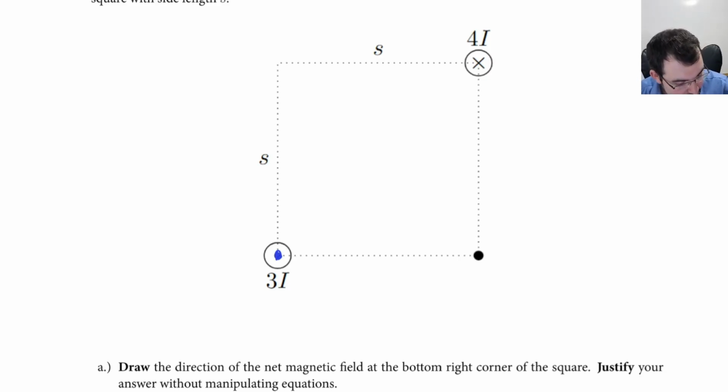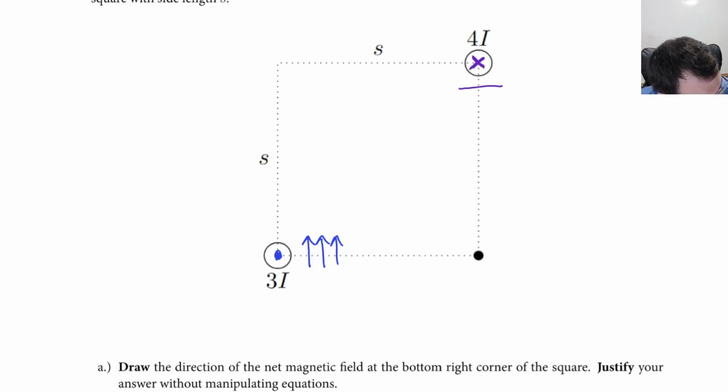So I'm going to say that we get effectively 3 contributions up from the 3I wire. Then for the 4, and I'm sure you can guess where this is going, whatever could possibly be happening if I have a 3 and a 4 at right angles. Well, we know that for the 4, your current is into the page, so you're going to sweep clockwise.